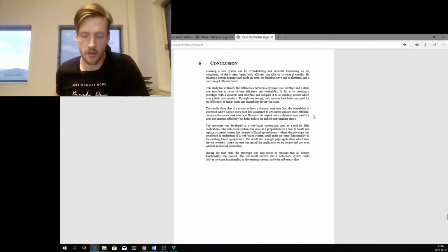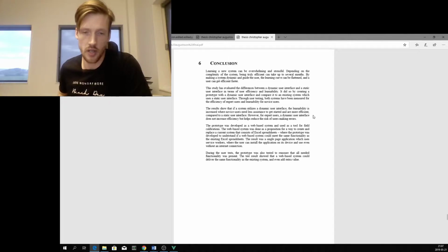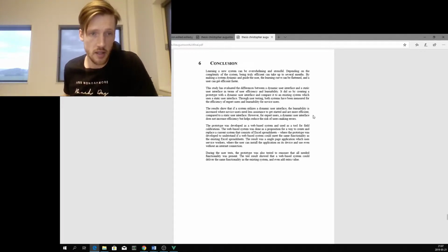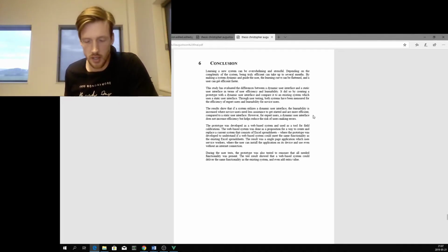But for the user tests that I did, I needed to have users with calibration experience, since calibration is a pretty complex task to perform. I did not want to have anyone without any calibration experience, because that would affect the results too much and would make it very difficult to compare the different test results.